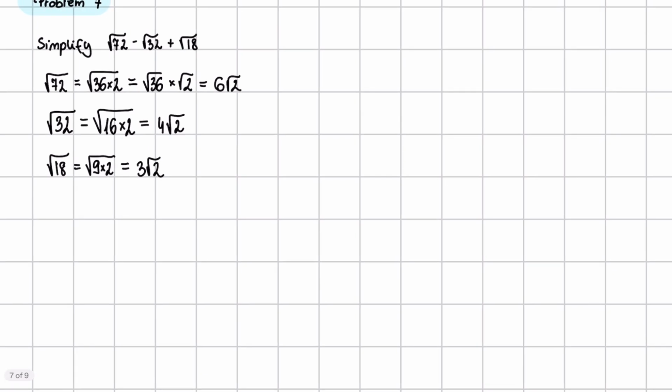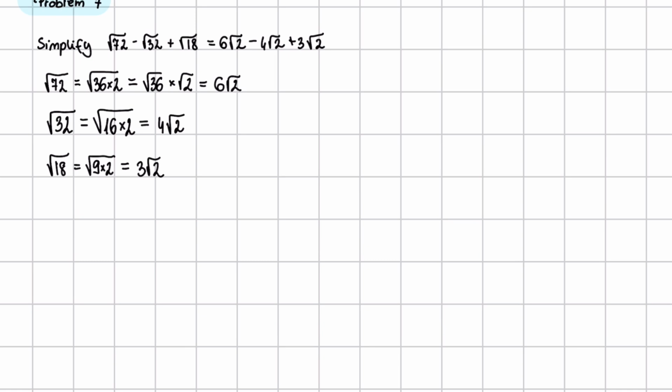And now we can simplify our expression. So it is 6 square root of 2, then we have minus 4 square root of 2 and plus 3 and square root of 2.